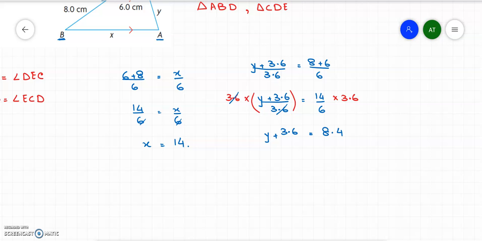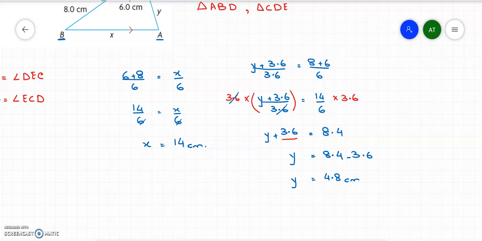To solve for y, we take the opposite of the term 3.6 to the other side, so y equals 8.4 minus 3.6, that is equal to 4.8. So the y value is 4.8 centimeters and the x value is 14 centimeters.